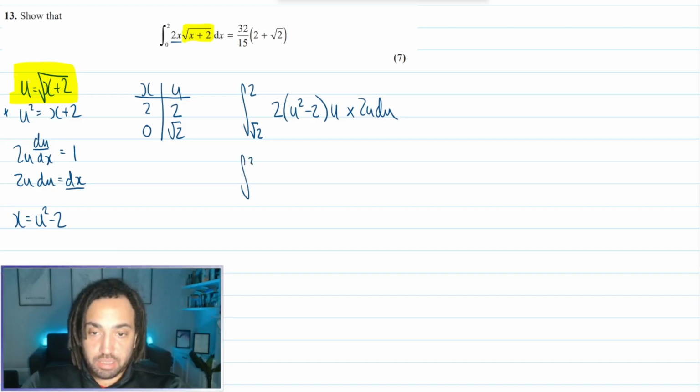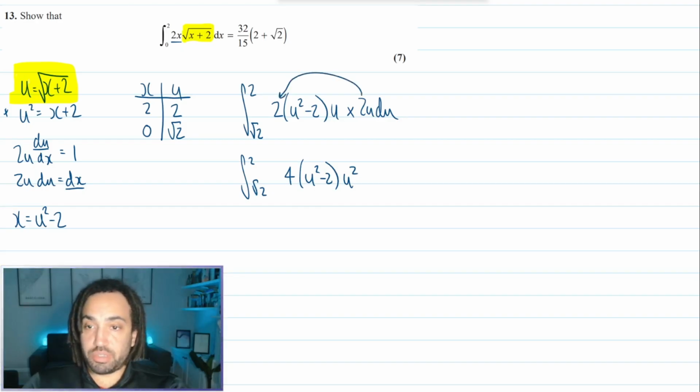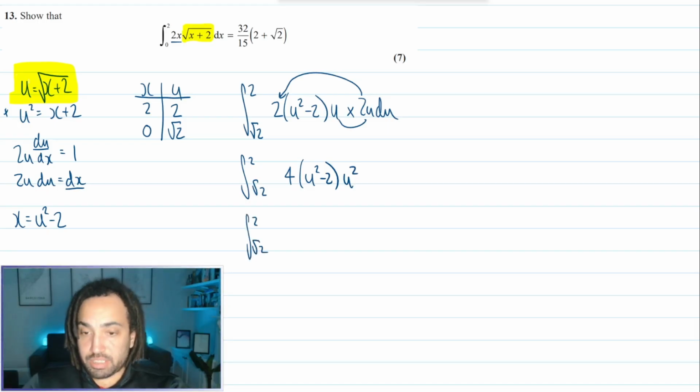Okay, let's expand all of this out. So we're going to get 4 times u squared minus 2, times u squared. All I've done there is just do the 2 times 2, and then the u times the u. I don't want to do too many steps at once. Okay, now let's expand out, and we get 4u to the 4 minus 8u squared.